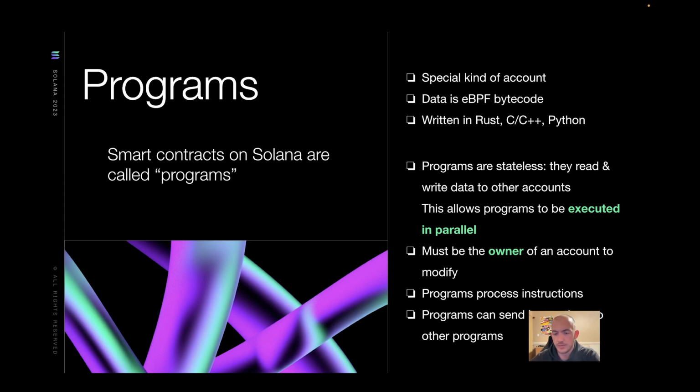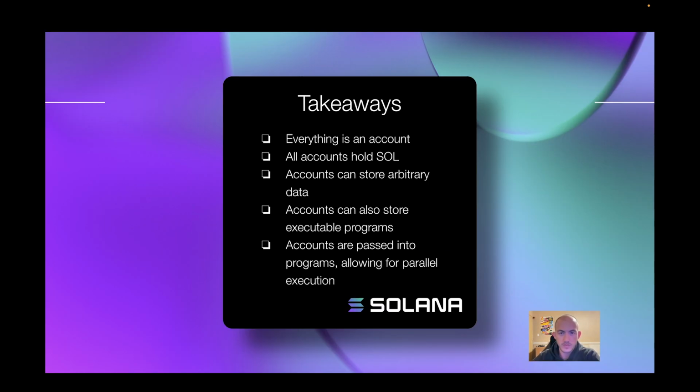So, very interesting. So, takeaways from that section: everything is an account. All accounts hold SOL. They can store arbitrary data. They can also store programs, and accounts are passed into programs to perform actions on data, which allows for the parallel execution that we talked about.